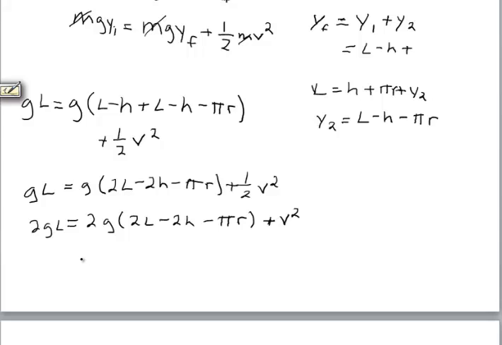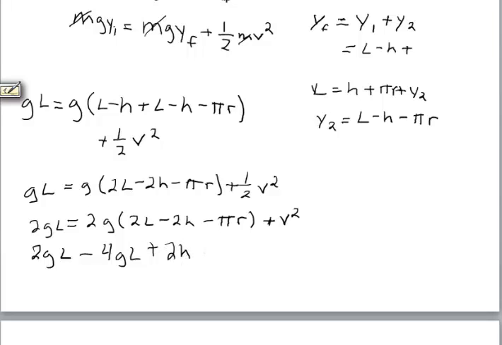Almost done here, let's see. So then I'm going to just subtract all that out. So 2GL minus, I guess I can multiply this through, so this is 4GL. Oh, strange math here. And since this is subtracted, you're going to add the other side, so it's going to be plus 2H.